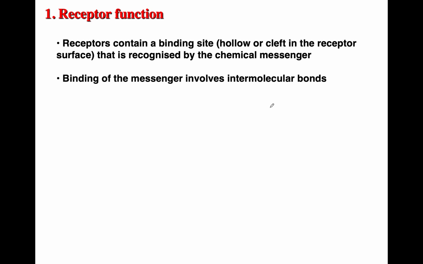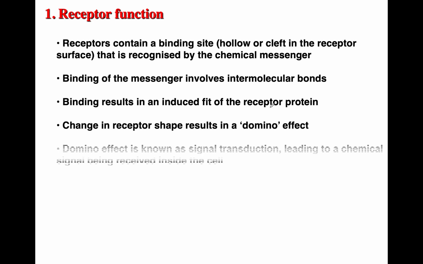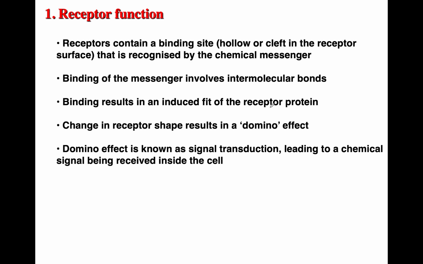So the ability of the site to recognize the chemical messenger really is the ability of the functional groups on the messenger and the receptor to interact with each other. The binding leads to an induced fit, which changes the receptor shape, which then leads to the release of second messenger and signal amplification.